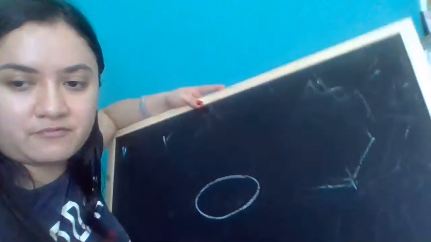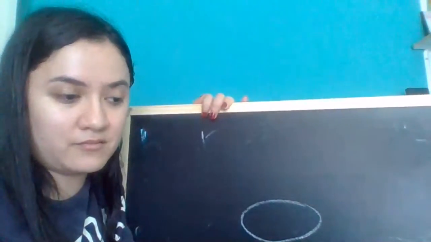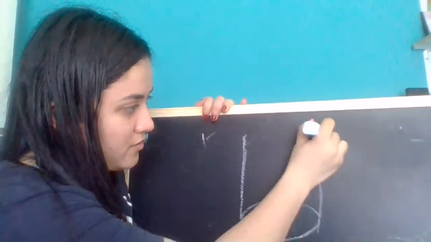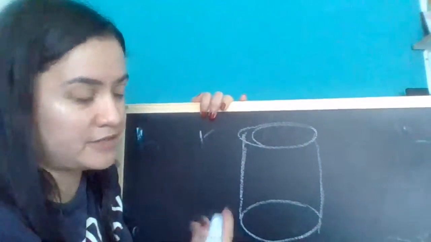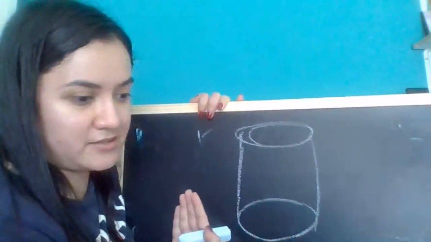We have a circle, right? If we join this circle with another circle with a curved surface, because you know that this is curved, it doesn't have edges.